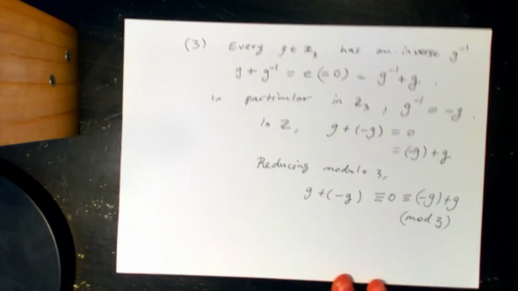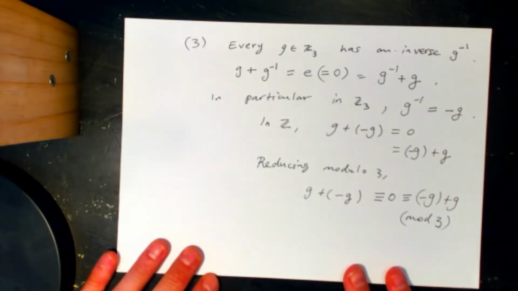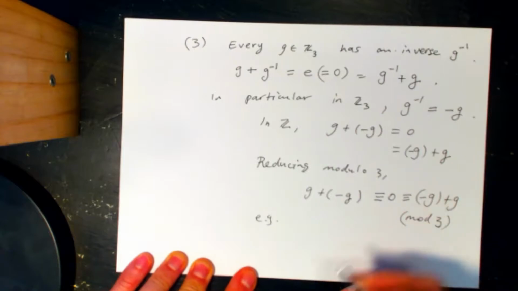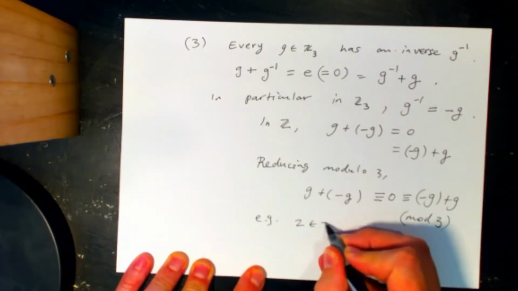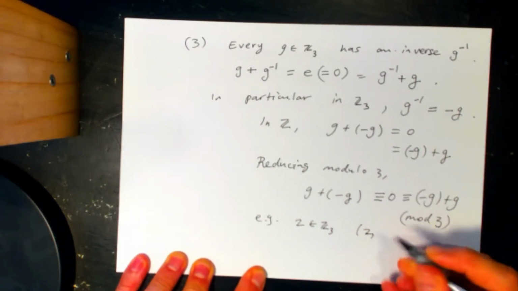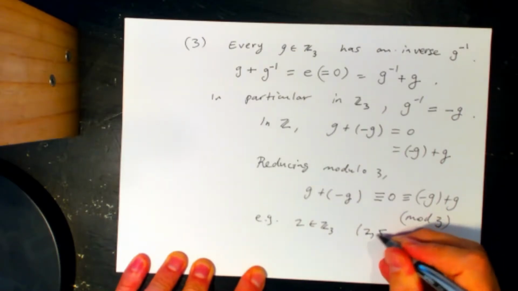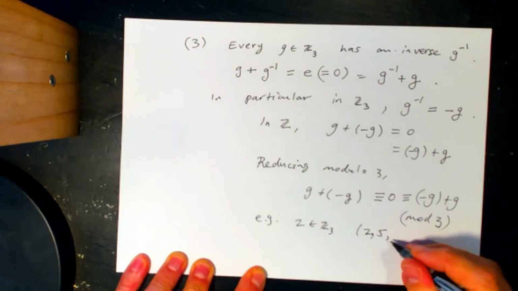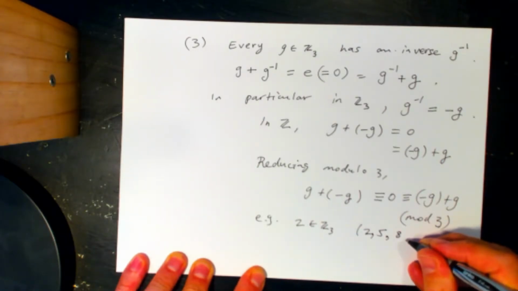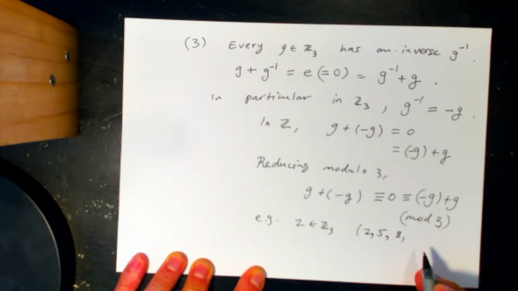All right, so let's just talk about some examples of this, because it's very simple modulo 3. So for example, if we have the number 2 in integers mod 3, this could be 2, or it could be 5 in integers, because these both have a remainder of 2 mod 3. It could be 8, which is 3 more than 5. We could even have negative numbers that get reduced to be 2 modulo 3.